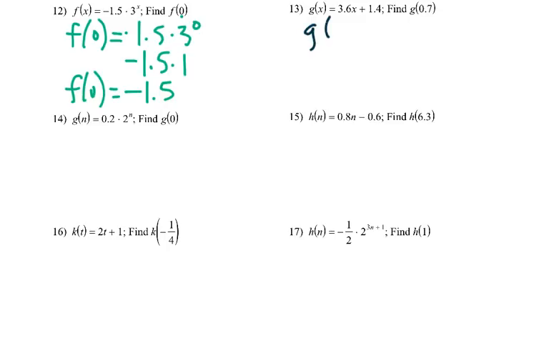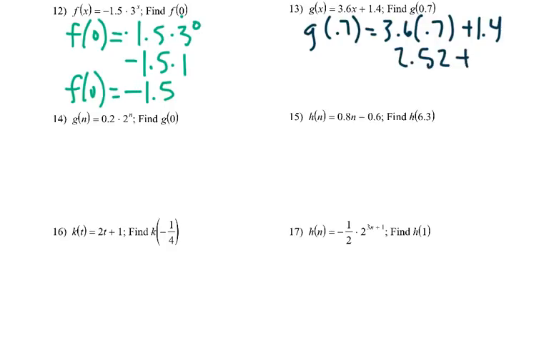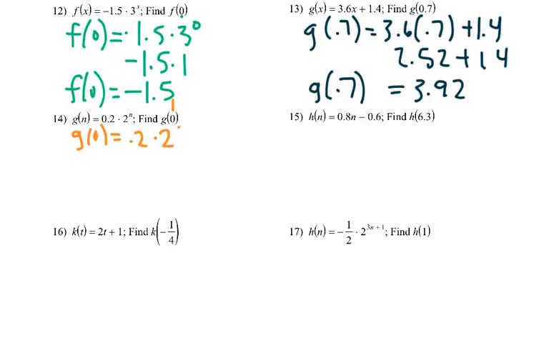g of x, so g of 0.7 equals 3.6 times 0.7 plus 1.4. Then using a calculator, I can just multiply that out. So 3.6 times 0.7 is 2.52 plus 1.4 gives us 3.92. So g of 0.7 equals 3.92. g of n, they want 0, so g of 0 equals 0.2 times 2 to the 0.